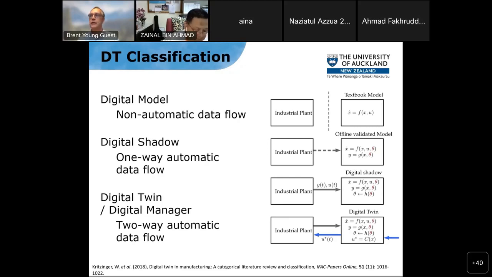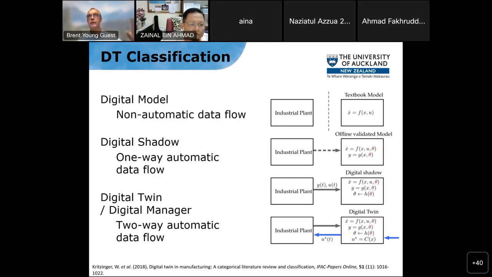The digital twin is where you have that two-way connectiveness, the automatic data flow between the two. We also have other data flowing in, which are product and process requirements that we are setting on that digital twin and that industrial plant.